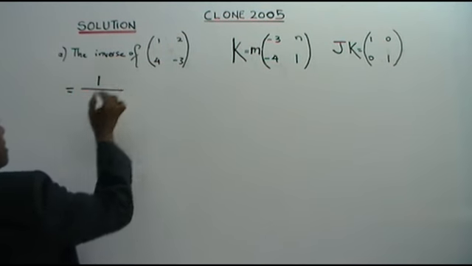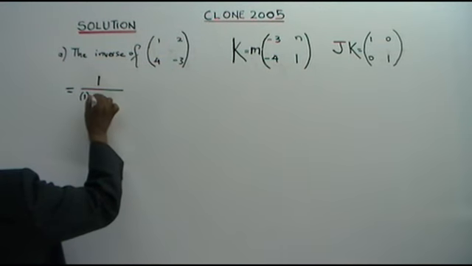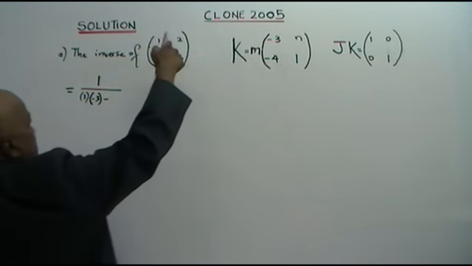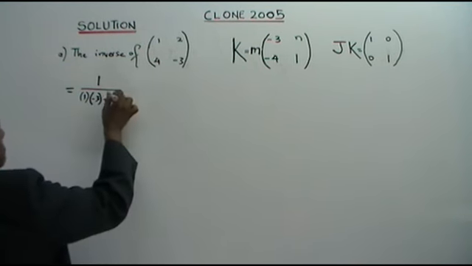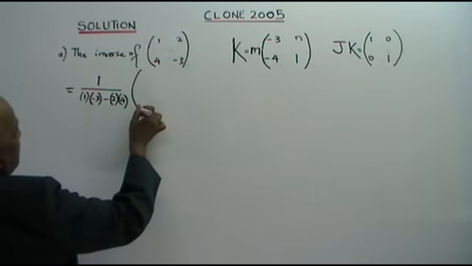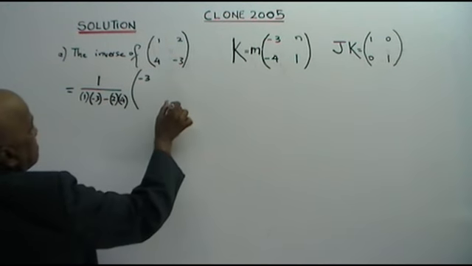1 over AD minus BC. BC, 2 times 4. Bracket. These two change places.